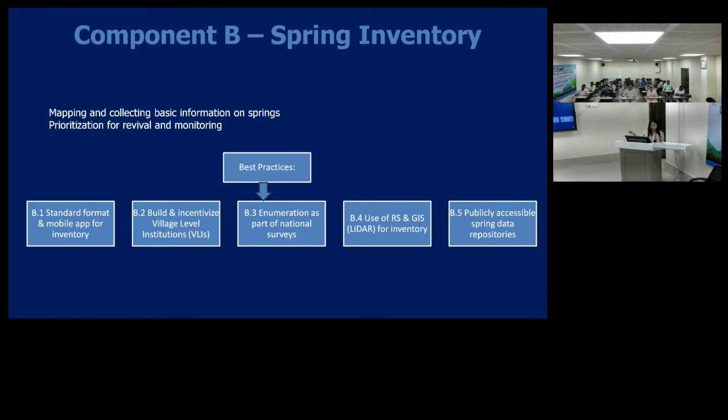We can pay them some amount so they can regularly monitor that spring. Then enumerators can be engaged. Remote sensing and GIS can be used. We all have access to remote sensing and GIS, so those tools can be used, and we can come up with publicly accessible spring data repositories. So this is component B, spring inventory.